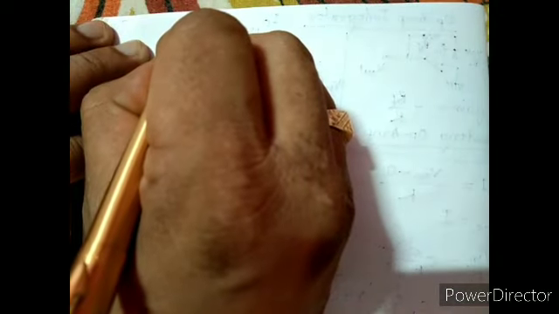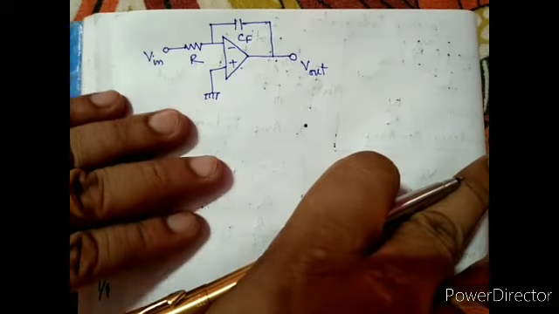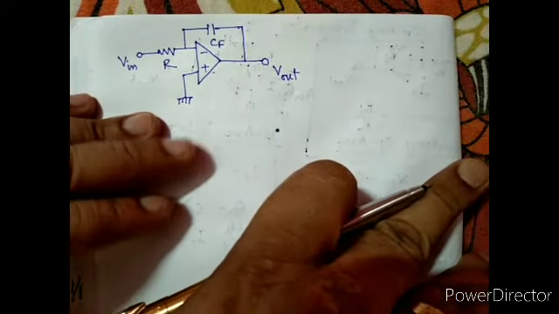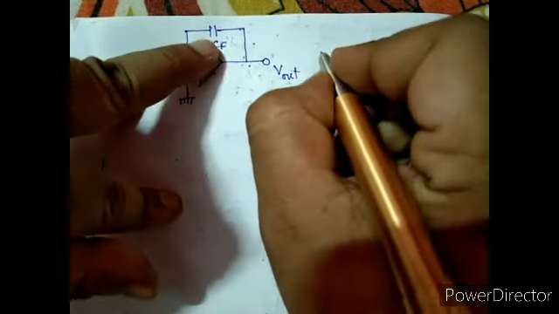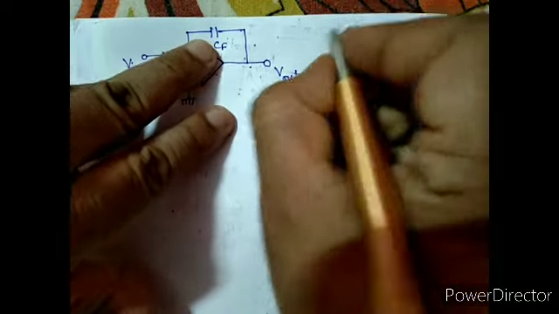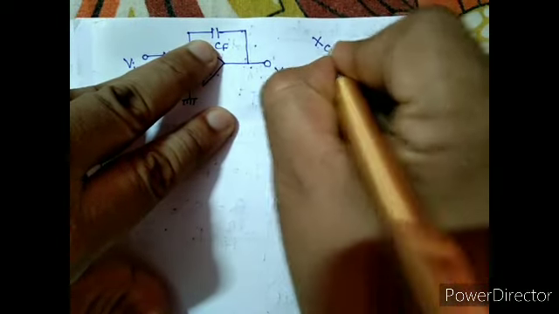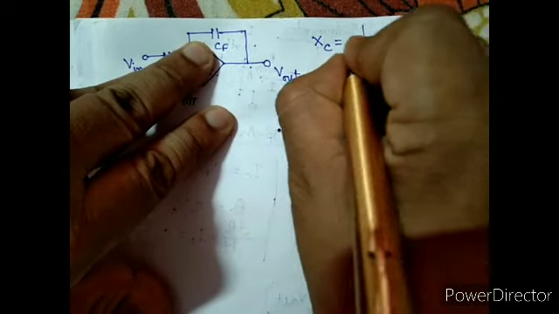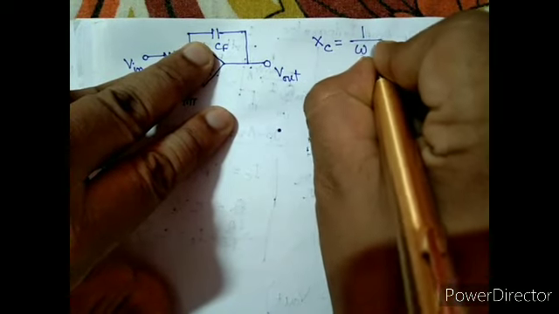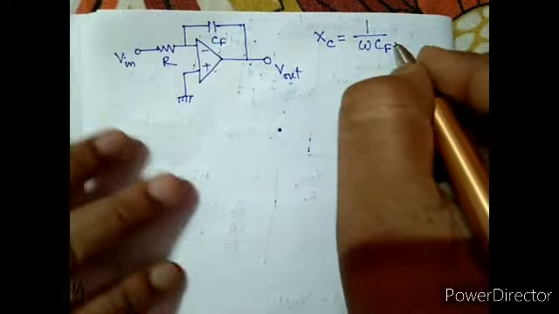Let's find out the gain of a simple integrator circuit. What is the reactance of this capacitor? If Xc is the reactance, then Xc equals 1 by omega CF.